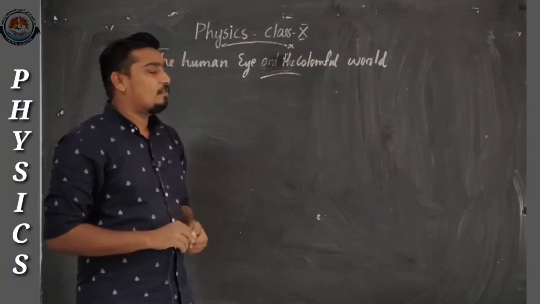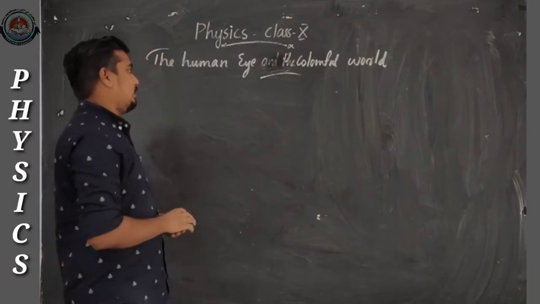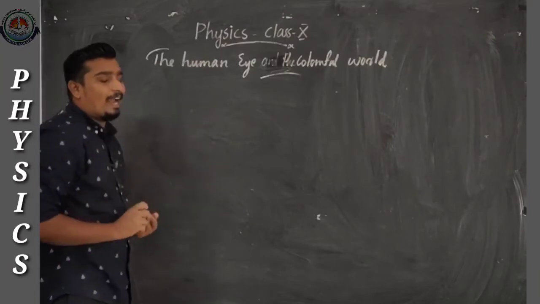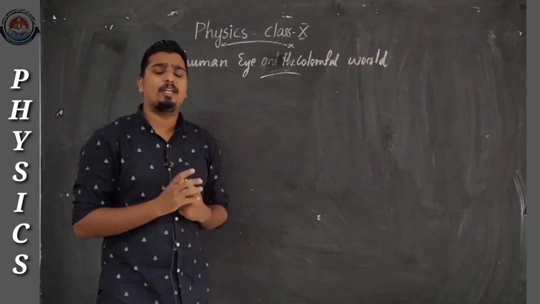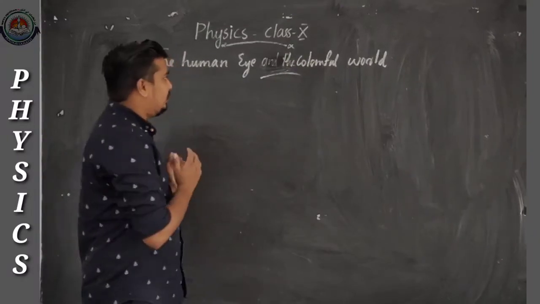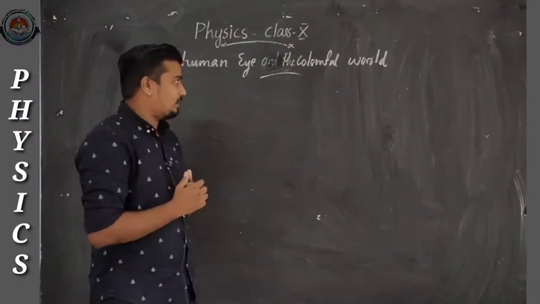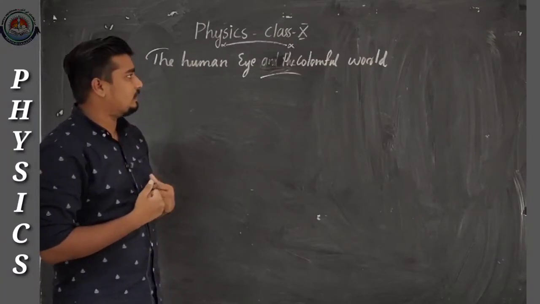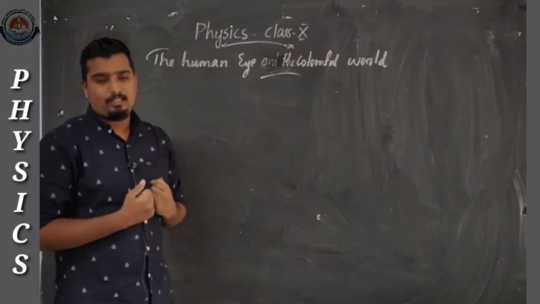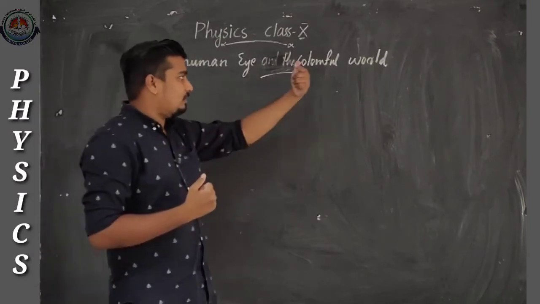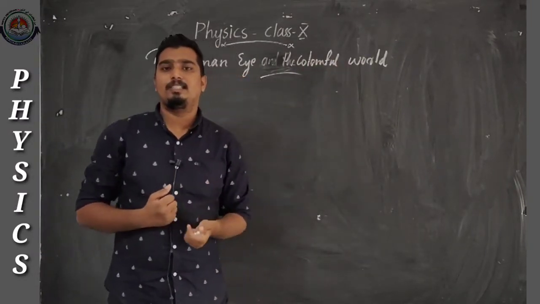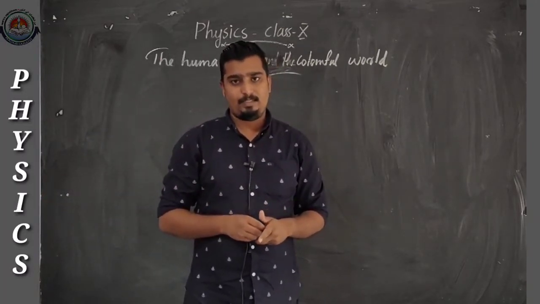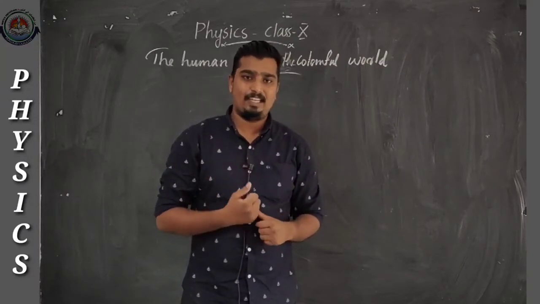In this chapter, the first session discusses the structure of the human eye and some disorders of the human eye. In the next session we are going to discuss natural phenomena of light, like dispersion, scattering, etc.